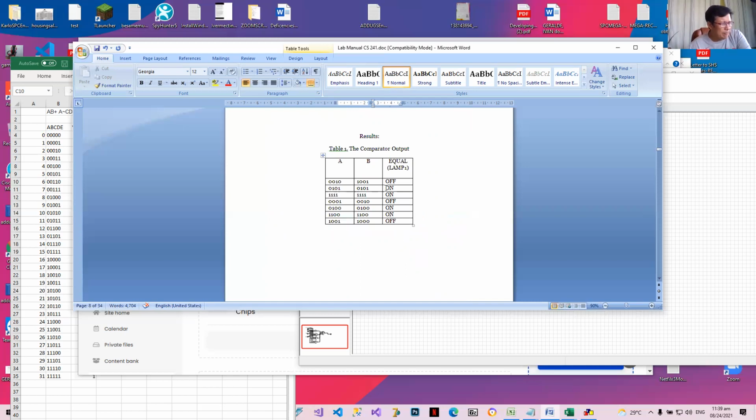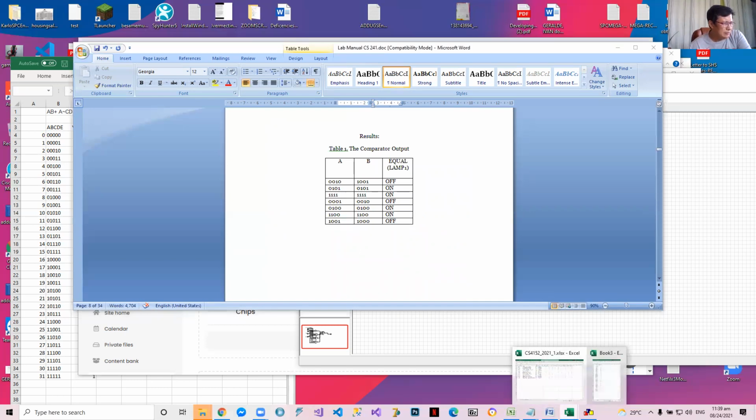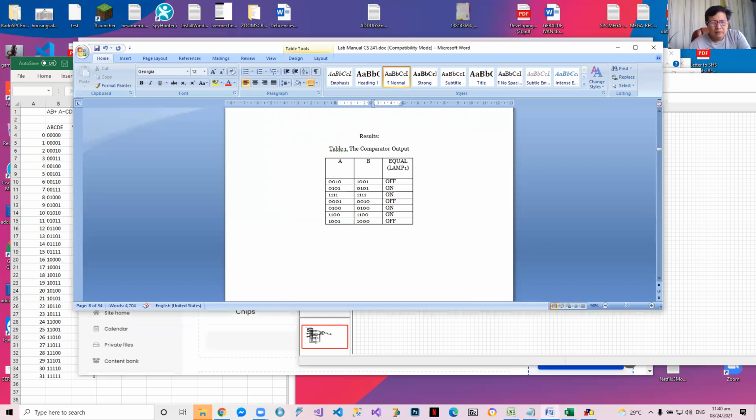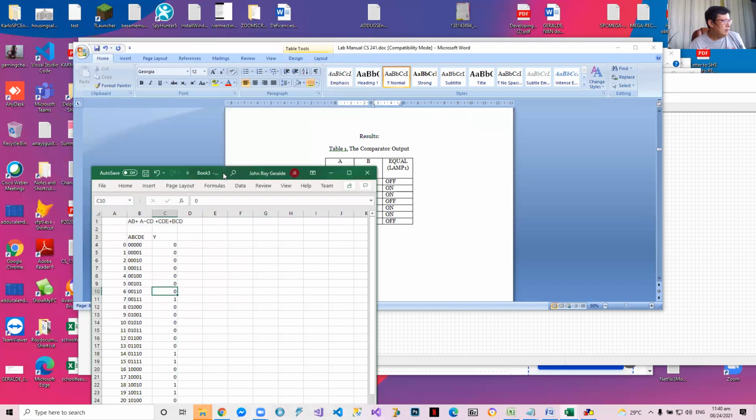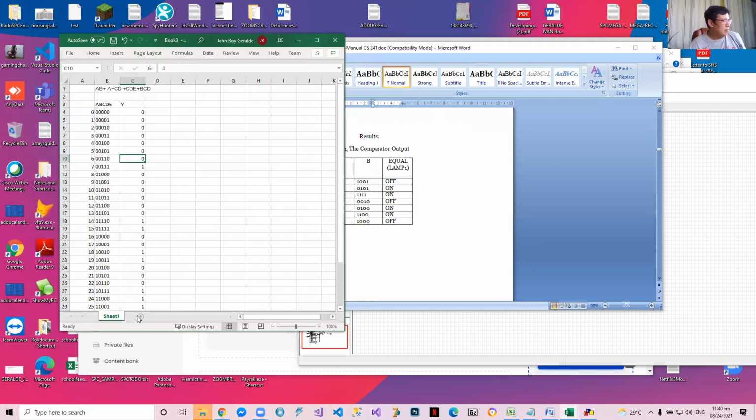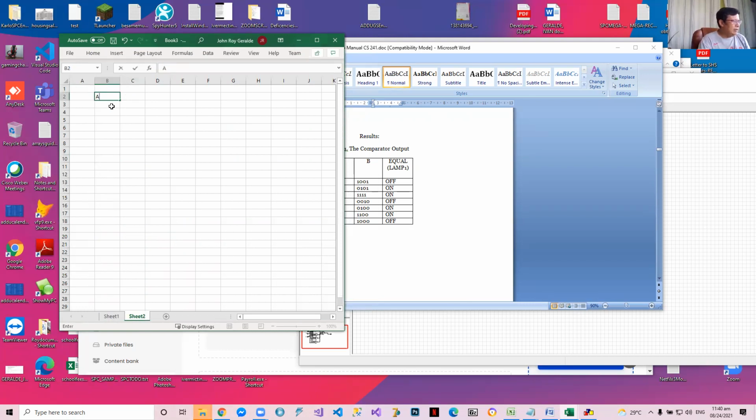Let's do that for A and B in Excel. We have A and B. This will be 0 to 15 because we have 4 bits each.